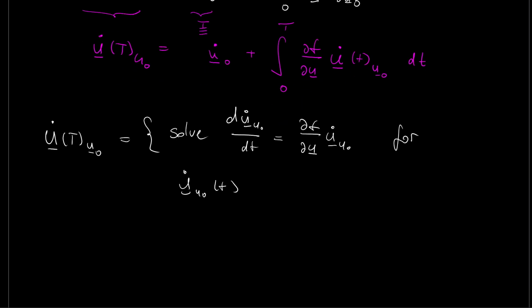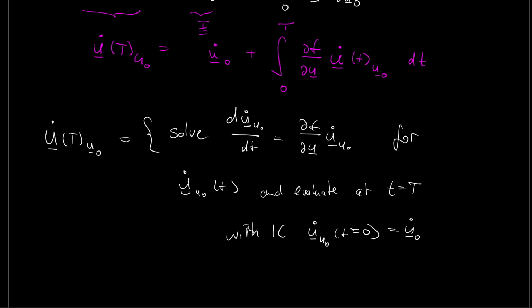So this is still the function, and evaluate at t equals capital T with the initial condition being set to u dot contribution from u0 evaluated at t equals 0 is u0 dot. Obviously, this kind of makes sense to me. Hope it does to you as well. So we solve an auxiliary ODE problem for which the initial condition is the tangent on the initial condition.